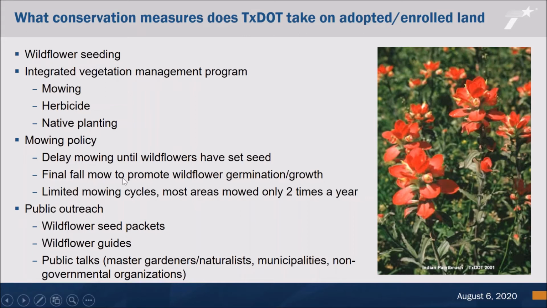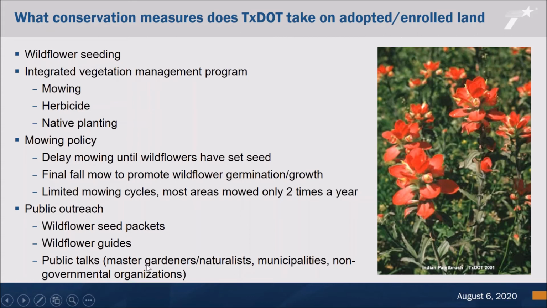And then public outreach would fall as a supplementary measure, but we do a lot of public outreach as well. We give out wildflower seed packets, and that helps spread education about flowers, and also provides a nectar source for monarchs on private land, because people will be planting those in their backyard or wherever. So we're not only getting that seeding done on the state's right-of-ways, it's getting done on private property as well.